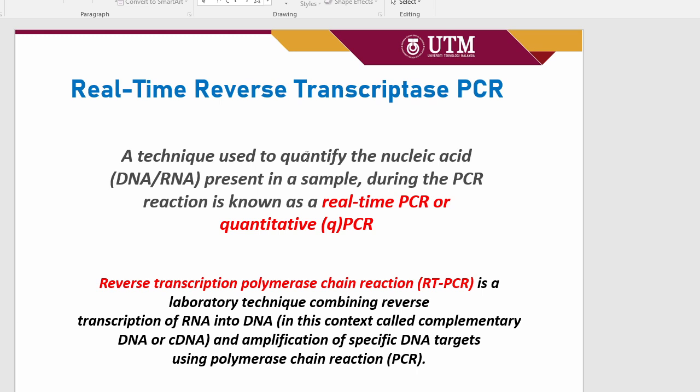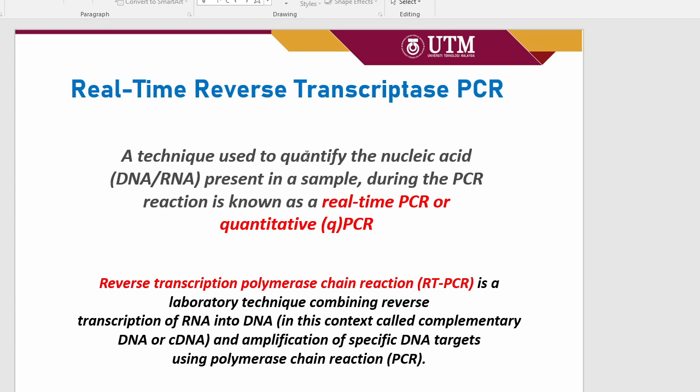PCR is an abbreviation of polymerase chain reaction. We will talk more about it, but as a main idea, I want you to know that this technique is very sensitive and it can quantify the nucleic acid, which I mean the DNA or RNA present in the sample.